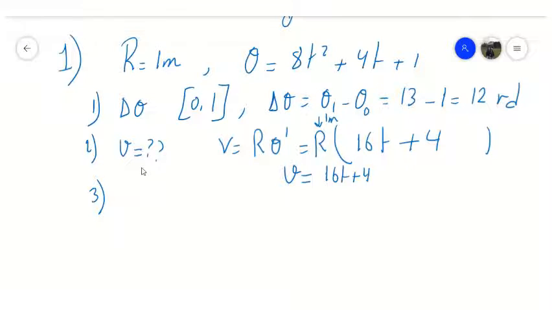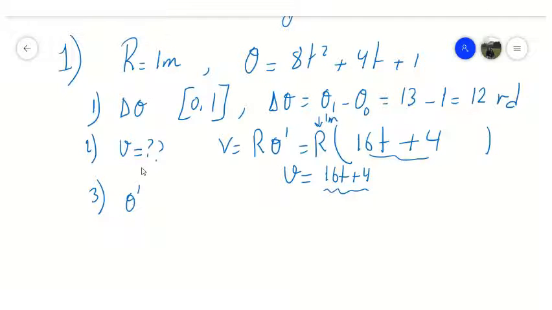Now what about part 3? Surely the type of motion is not uniform circular motion, because theta prime is not constant. It varies with respect to time. It is a function of time, so it is not constant. So the motion here is not uniform circular motion, it is uniformly varied circular motion. But the time equations of uniformly varied circular motion are not required from you.